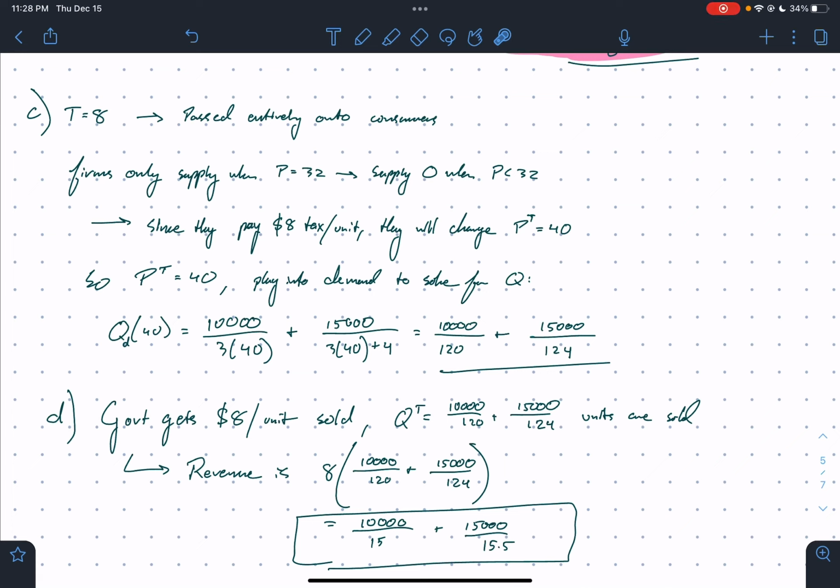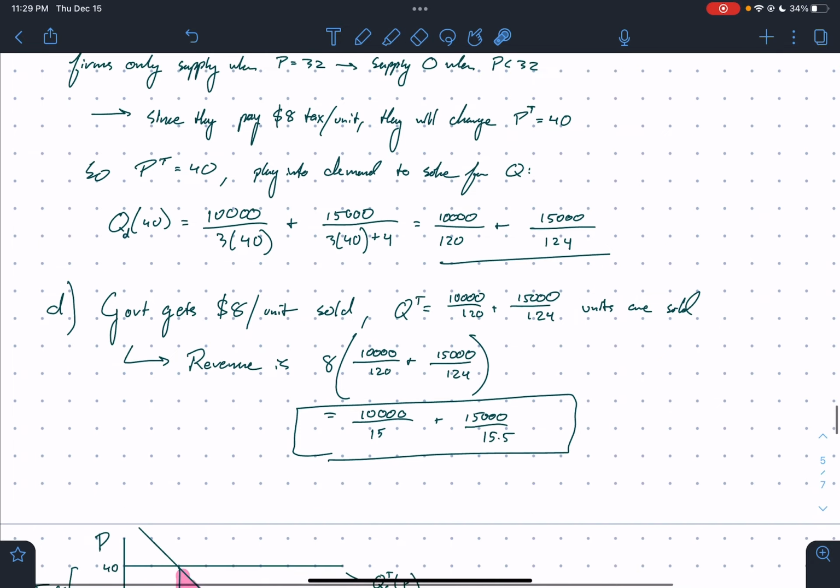Since they have to pay $8, they're going to charge 40, so that at the end of the day, they end up getting 32 per unit. This is the price at which they'll supply. So they just raise prices by $8, we plug this into the demand, and solve for the resulting quantity. All right, so this is what we get. It's not a particularly simple number, but it works.